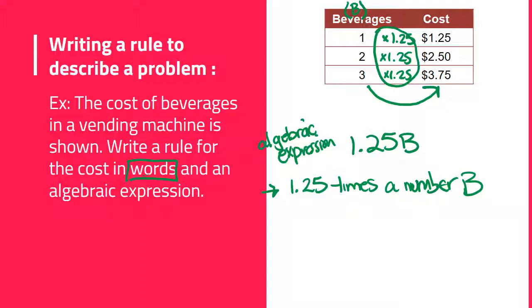Now this rule would be true if I was to write out 10 beverages, 35 beverages, 50 beverages. This rule would work for all of those options.